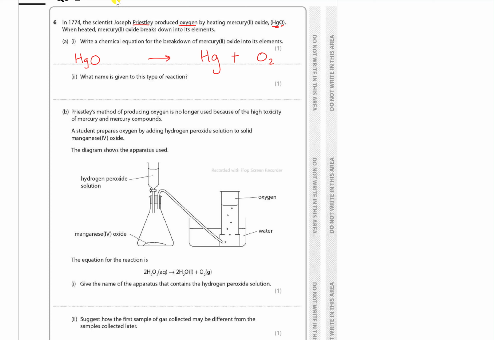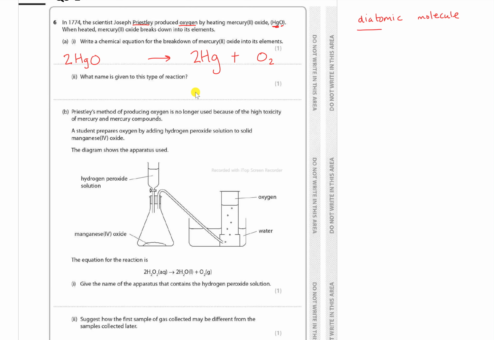So we've got 2 oxygens here, 1 there. So if we put a 2 there, so I've got 2 mercuries, 1 mercury, 2 oxygens, 2 oxygens. So we just need to stick a 2 in front, not behind, because this is not a diatomic molecule.